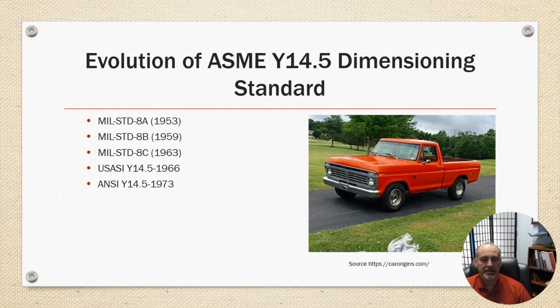Now the standard stayed the same for a bit, and then it shifted over to a private company called ANSI, or American National Standards Institute. Kept the same numbering system. It's Y14.5-1973.